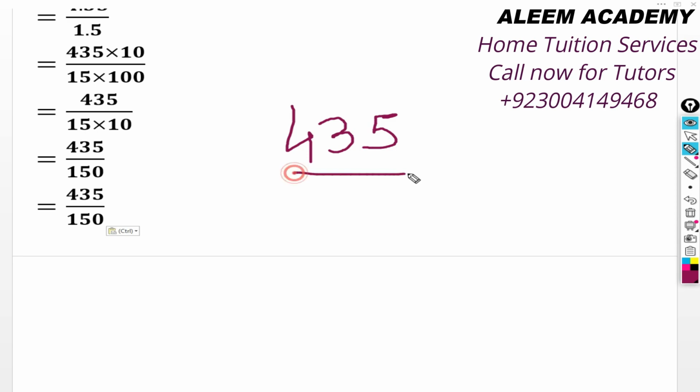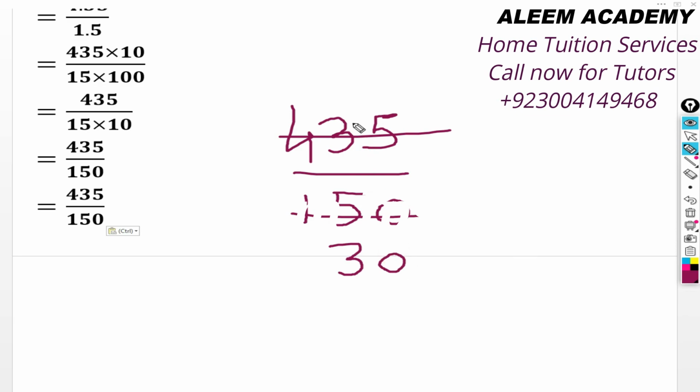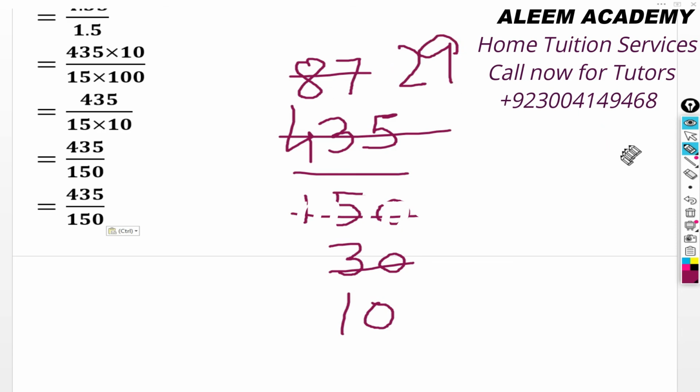435 divided by 150. You see that these numbers are divisible on 5. So how? 5 3s are 15 and 0, and 5 8s are 40, and 35, 5 7s are 35. Now 8 and 7 is 15. So these numbers are divisible on 3. So 3 2s are 6, and 27, 3 9s are 27.